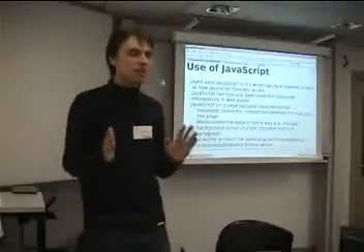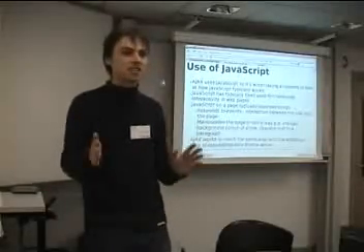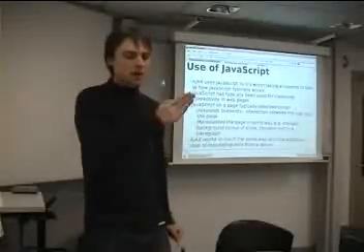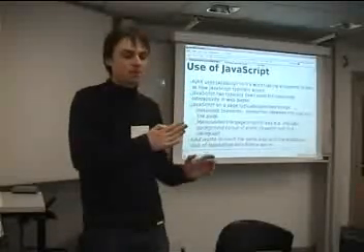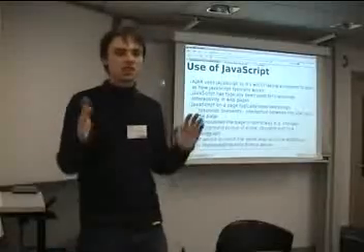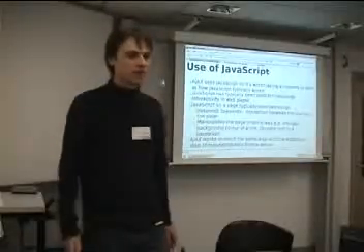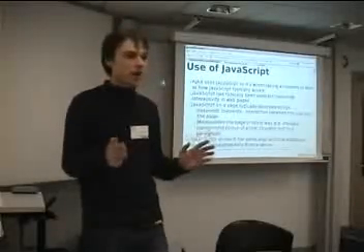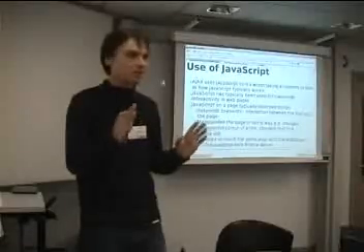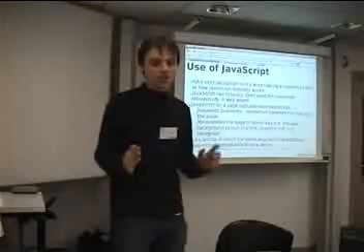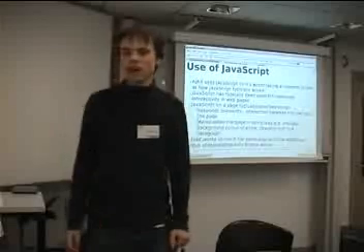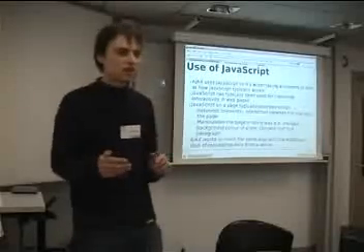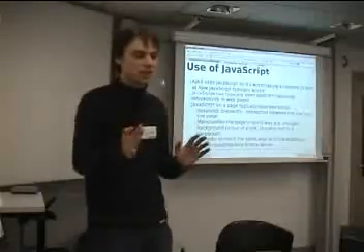So an example of an event would be when the user clicks a button on the web page, or when the user moves the mouse over a hyperlink on the web page. So both of those are examples of events. An event is essentially any instance of interactivity between the user and the page. And the typical way in which we write JavaScript is to respond to those events.